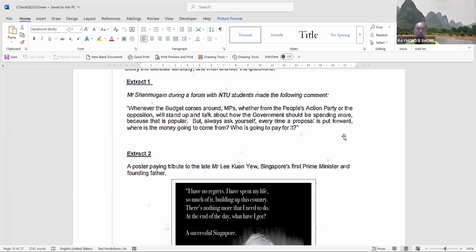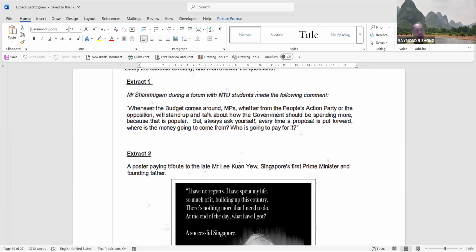NTU stands for Nanyang Technological University of Singapore. So Mr. Shanmugam is actually right now, until now, under my GRC. He's the law minister, if you do not know. Okay, Bowen, he is the law minister, Mr. Shanmugam. Okay, so this extract one, is it ABC? When I say ABC, I mean is it before 1999? Yes, definitely it's not 1999.